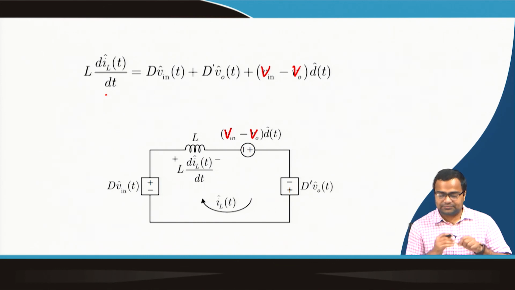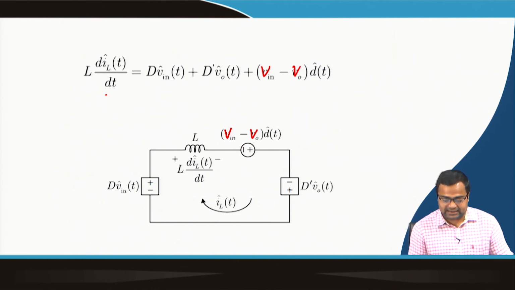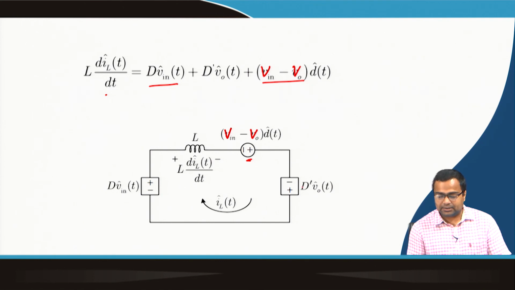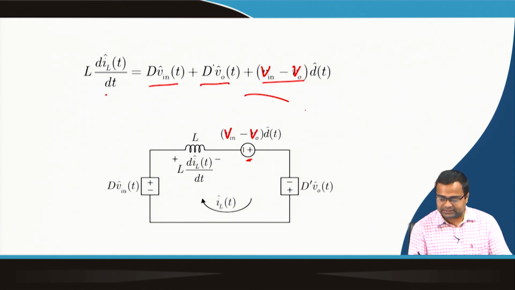Here it is very straightforward that L di/dt is equal to d times V in, and this is capital V in. This is added, right. So if we take L di/dt, we will get this quantity minus plus this quantity, so it is added, and then plus this quantity which is here. Okay.